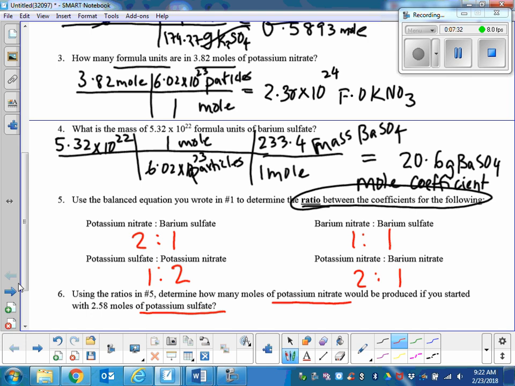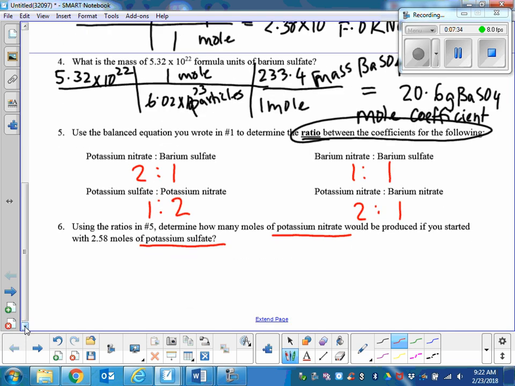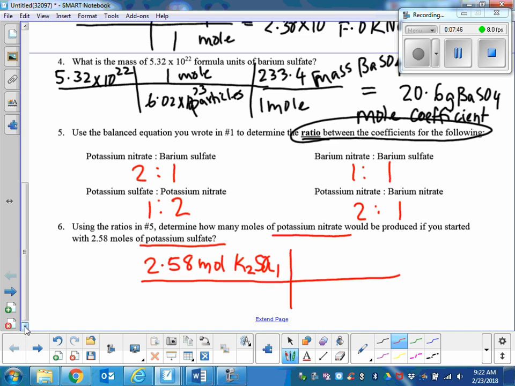But how do we set it up in chemistry? You can say 2.58 moles of potassium sulfate is what is being asked. Yes or no? What do I need to get rid of? Moles of potassium sulfate. So now I get rid of moles of potassium sulfate. What am I getting into? Which substance am I getting into? Moles of potassium nitrate.